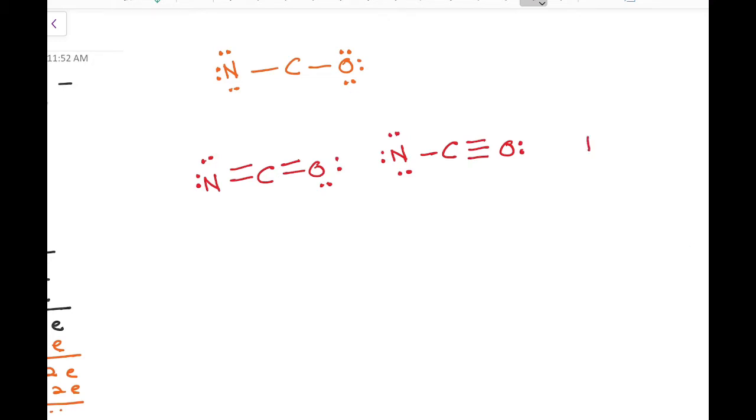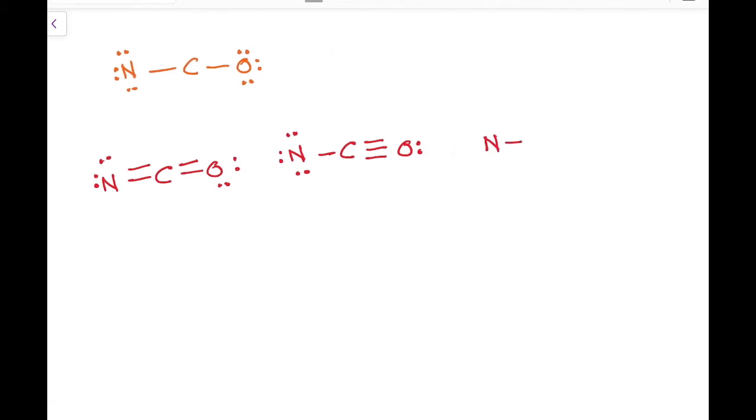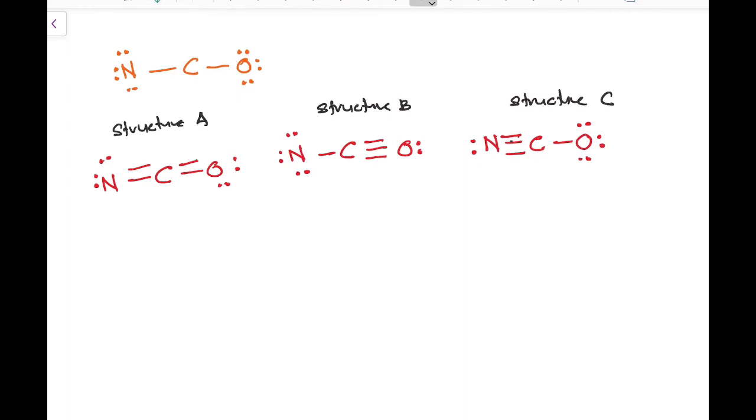Or the third possibility is NCO, initially, now it is N that donates. Okay, so we have 3 possible structures and we can write them as structure A, structure B, structure C.